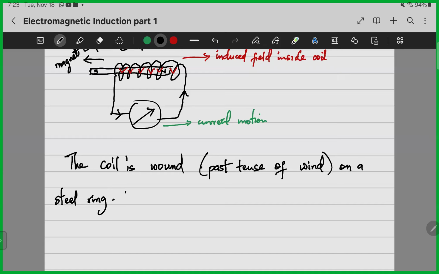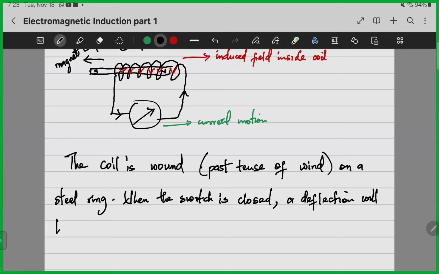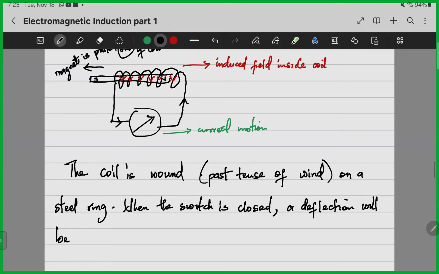When the switch is closed, a deflection will be obtained on the galvanometer. The galvanometer is the one that has the arrow sign.